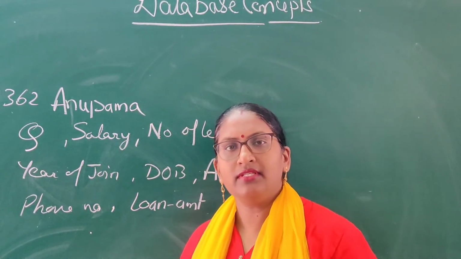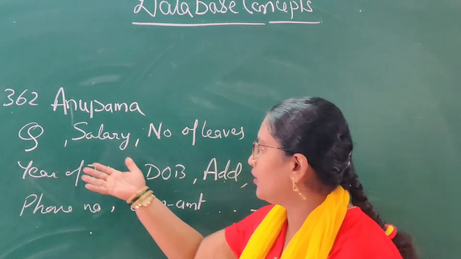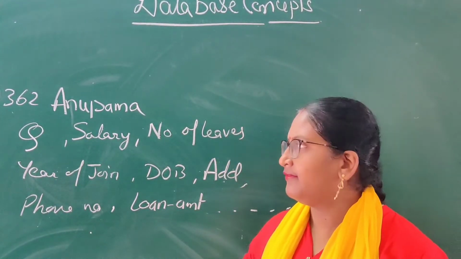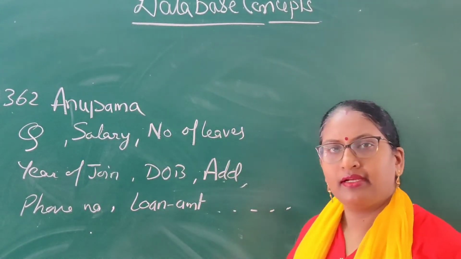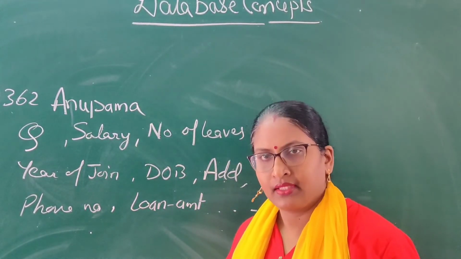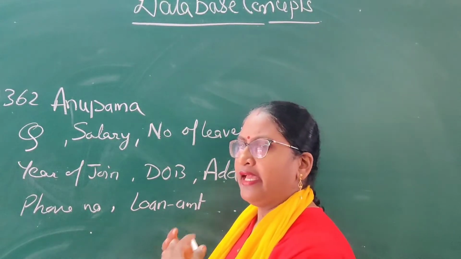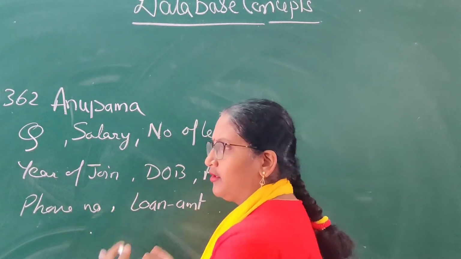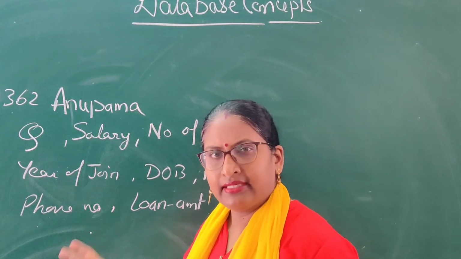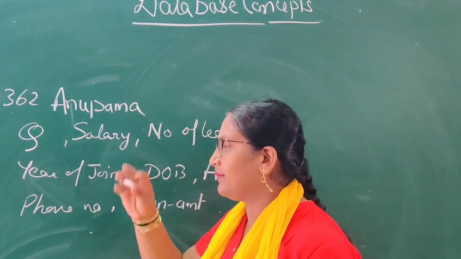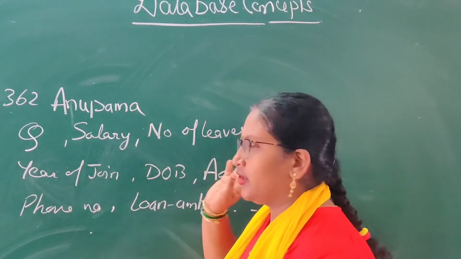If I want to see the details of Anupama, all these things will display. If I give only the ID number, Anupama's data will be displayed. When you are having n number of teachers, you will be having n number of details like this. Can it be easy for us to see this type of data every time? I want Anupama with her year of joining.